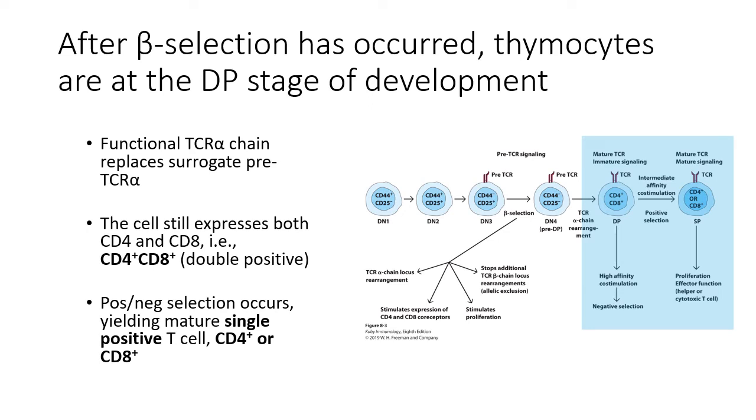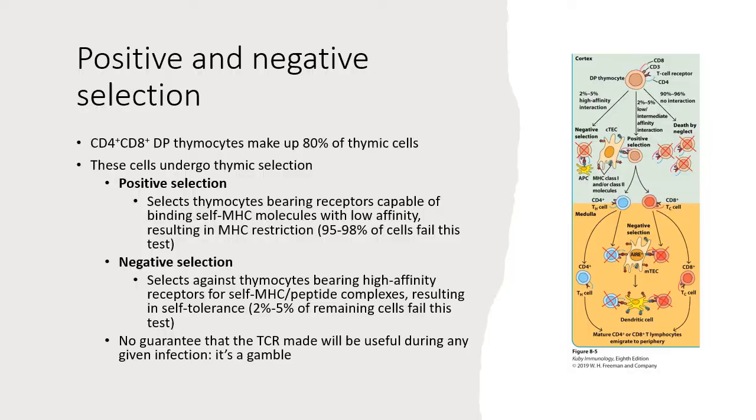So at this point, you might be wondering what causes them to pick either CD4 or CD8. How does it choose? It is a big decision. But before we actually worry about exactly how that decision gets made, because I don't know if I'm actually going to make it quite that far today, positive and negative selection are important.